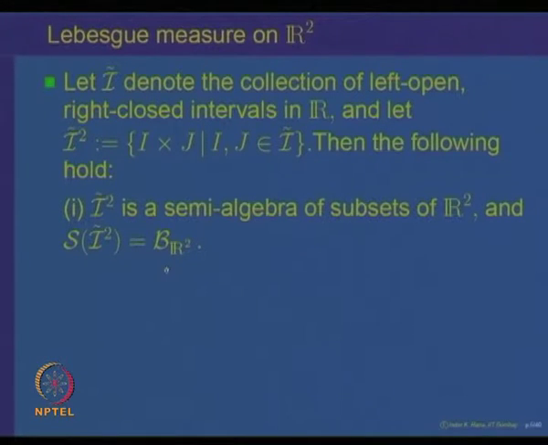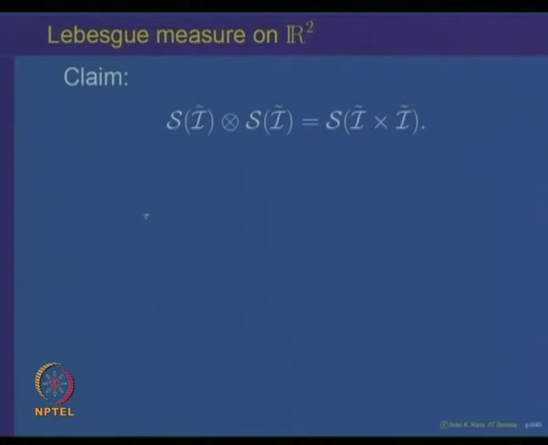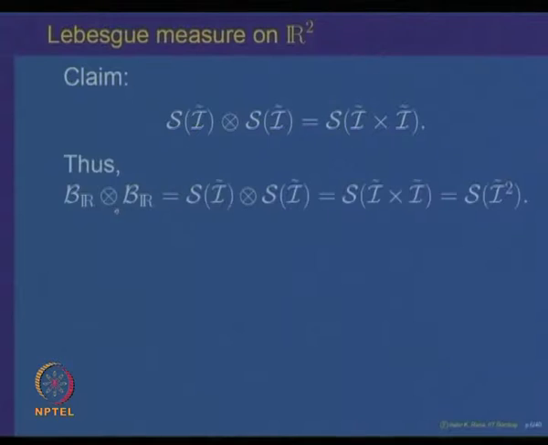The same result is true if we replace intervals by rectangles which are left open right closed. So, that is the proof we just now gave. So, S of I is equal to S of I cross I. So, the Borel sigma algebra B R cross B R is the sigma algebra generated by left open right closed intervals cross left open right closed intervals, which is the same as the rectangles.